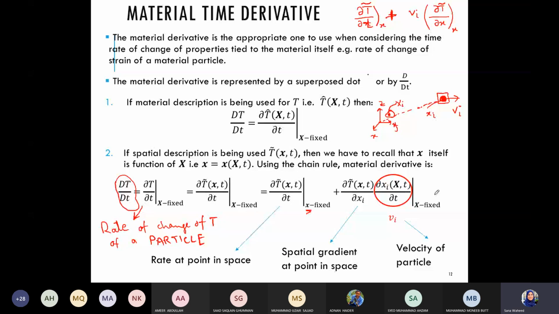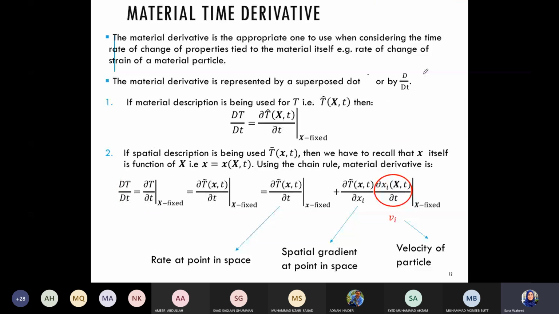But in any case, I'm going to erase what I've written just now. The deal is that if I want to find the material time derivative, that is, the time derivative keeping capital X fixed, when I don't know the temperature profile with respect to the particles, I know the temperature profile with respect to space, then I actually need to apply this chain rule.